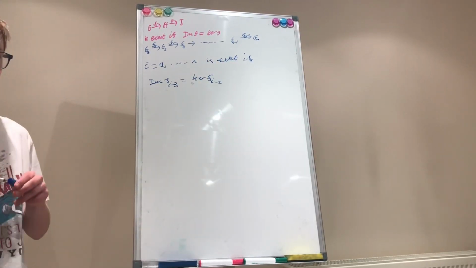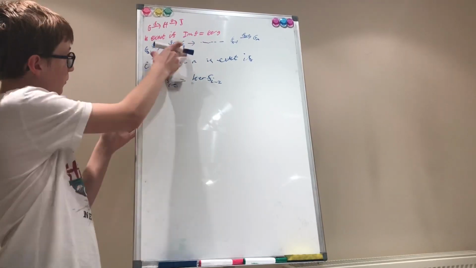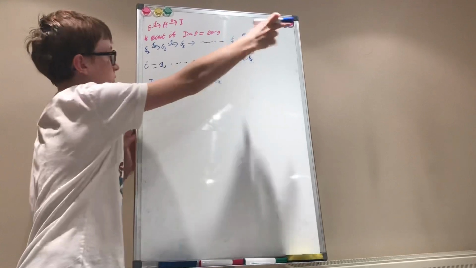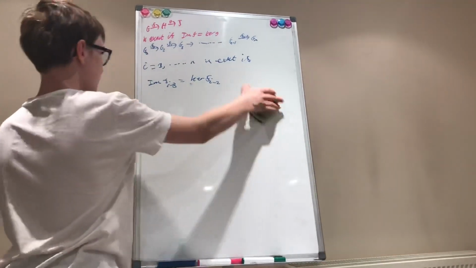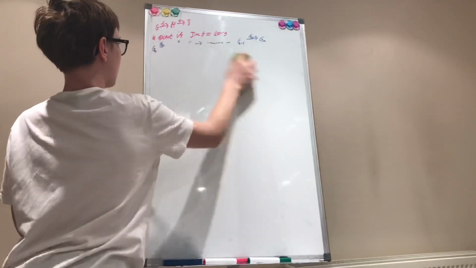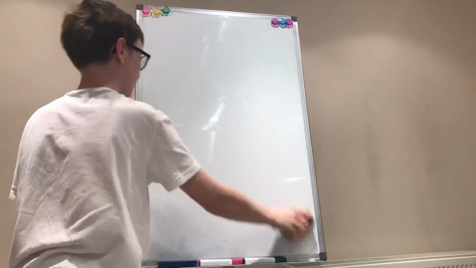Basically it's exact at every point. So here it's exact, this little bit is exact, this little bit is exact, and so on, then the whole thing is exact. Now, without knowing it, we constructed our own little exact sequence.